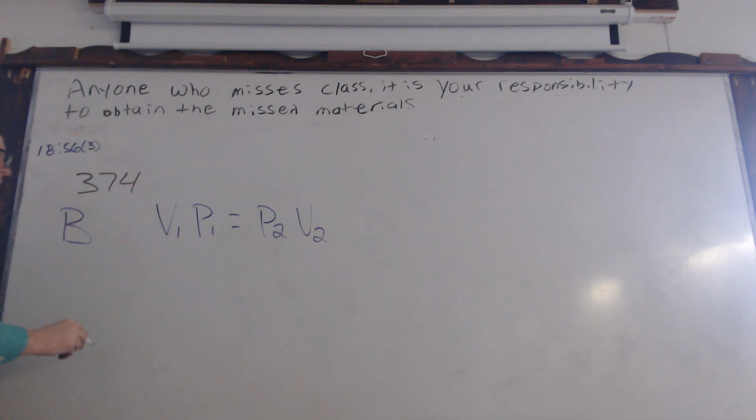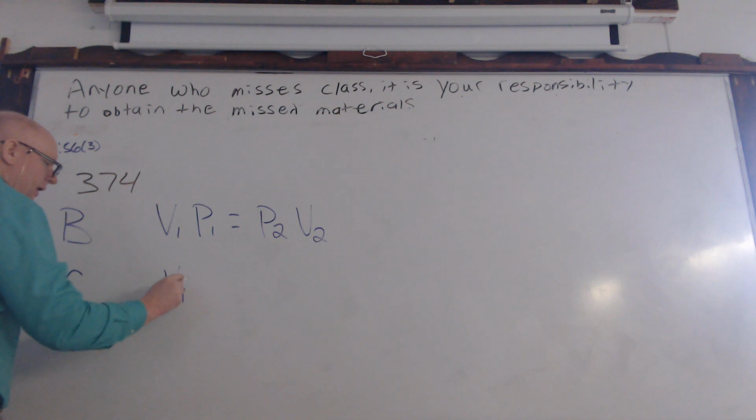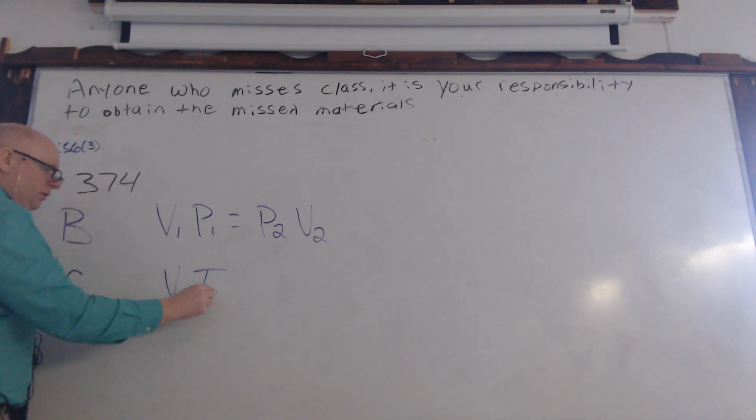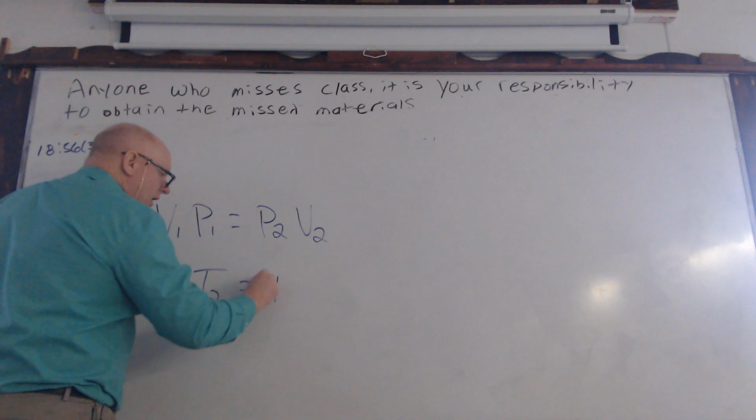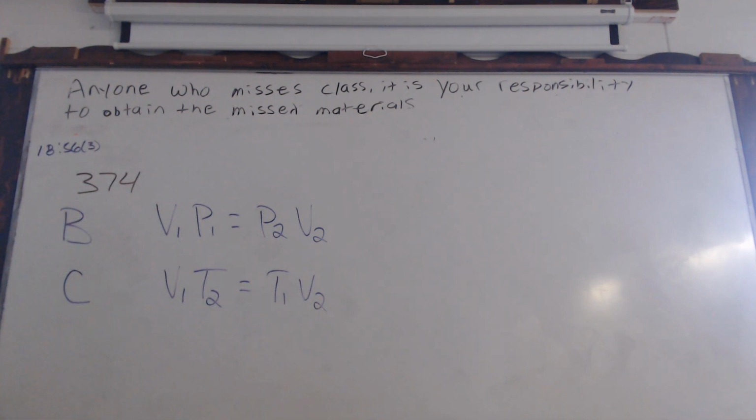Then we moved on to Charles's gas law, and that formula was volume 1 times temperature 2 equals temperature 1 times volume 2. Now, what's the significance of those 1s and 2s? Your initial conditions are the 1s and your final conditions are the 2s.